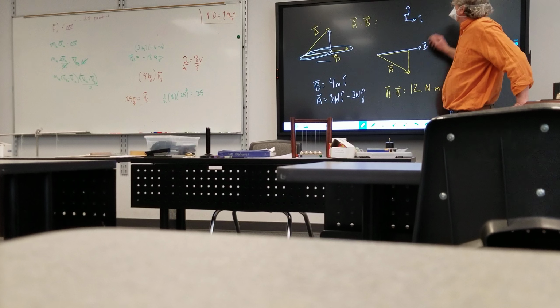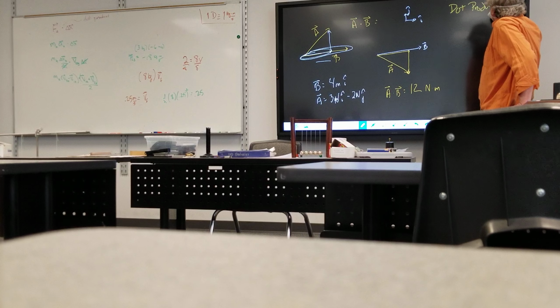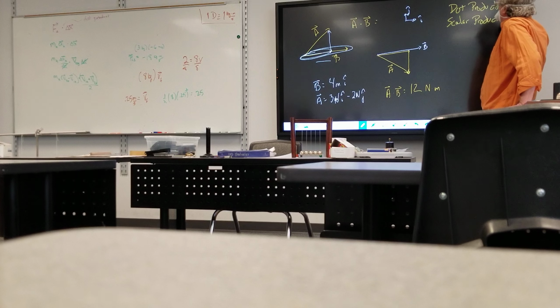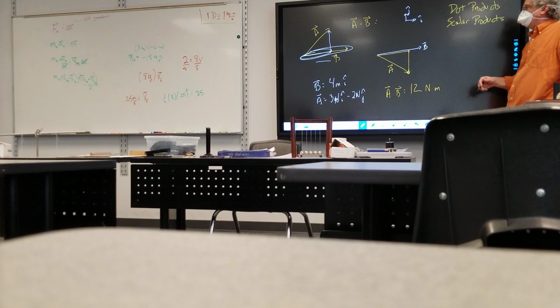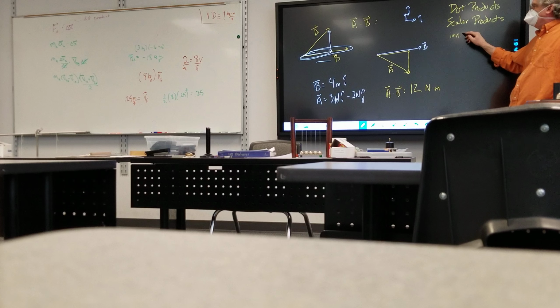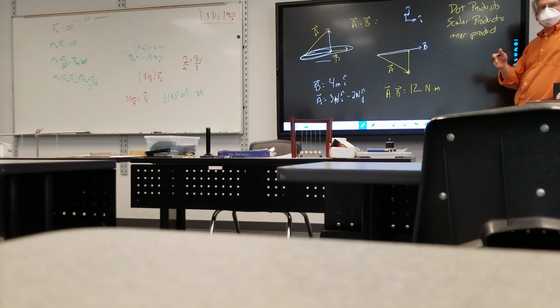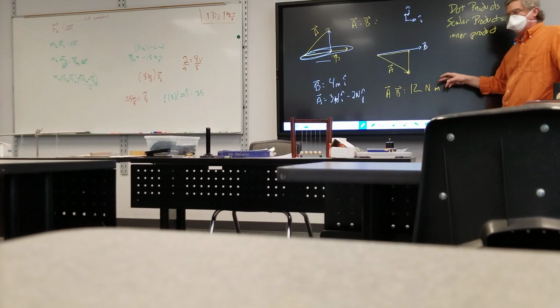So dot products are also called scalar products. Just for trivia, it's also called an inner product. So when I multiply two vectors in a dot product, I get a non-vector.